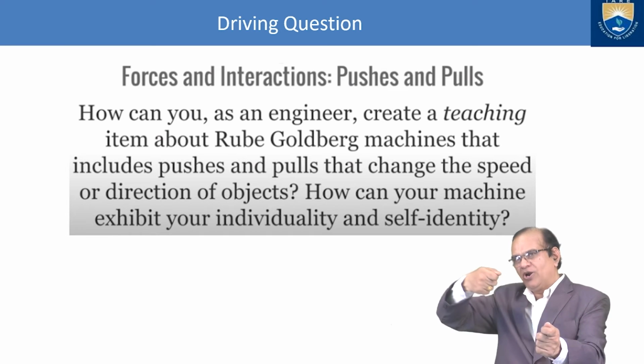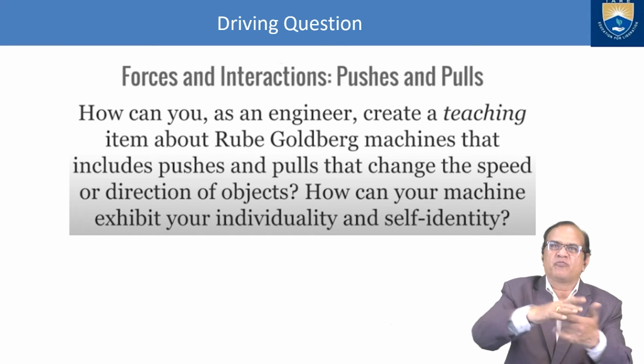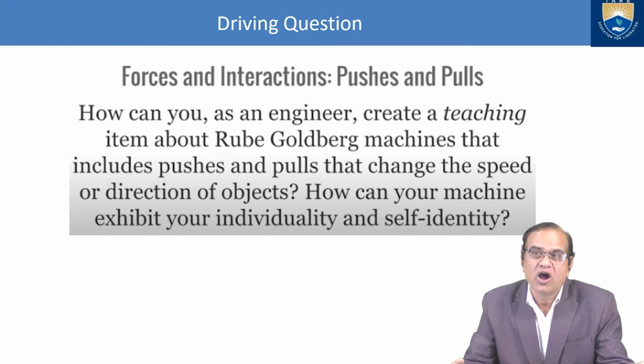Forces may pull like this or they can push. So how can you as an engineer create a teaching item about a Rube Goldberg machine that includes pushes and pulls that change the speed or direction of the object?